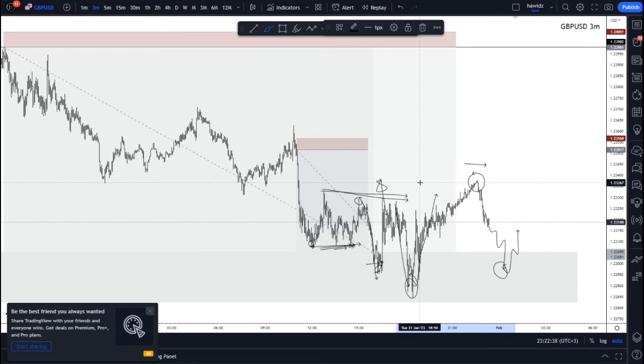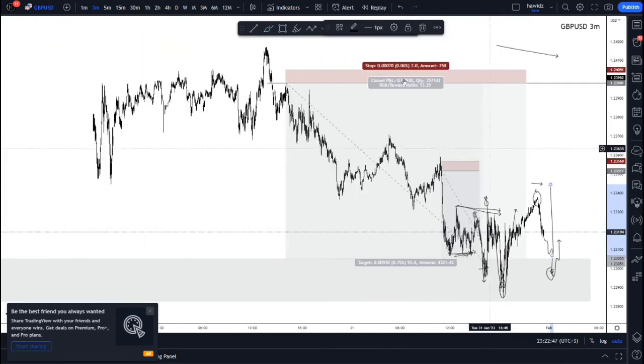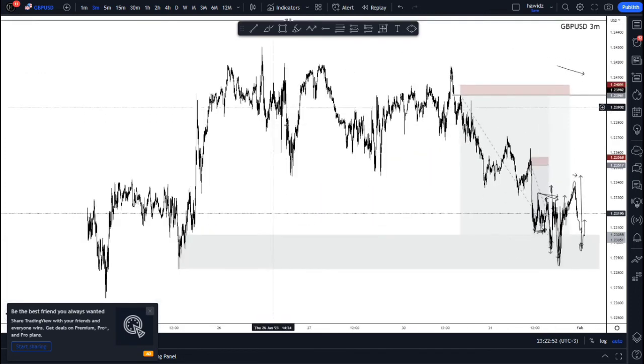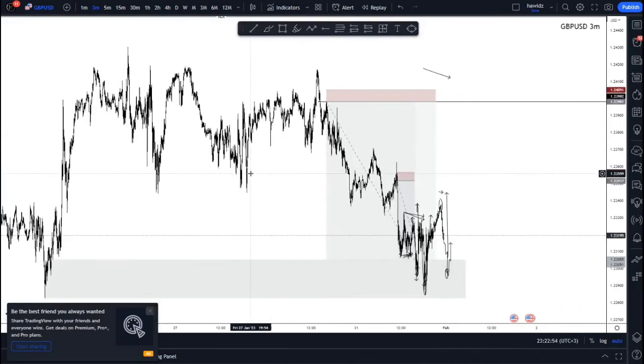Tomorrow we have the FOMC news, and I'm expecting that news to initiate this bullish move that will be pretty much extended for quite some period of time, right? About 200 to 300 pips up. So it is what it is.